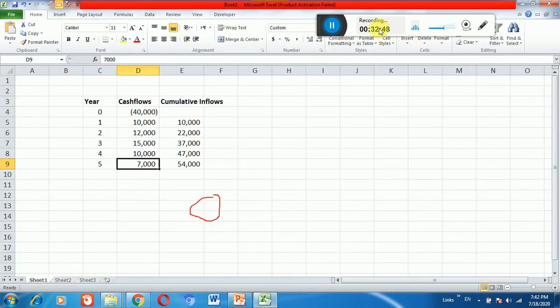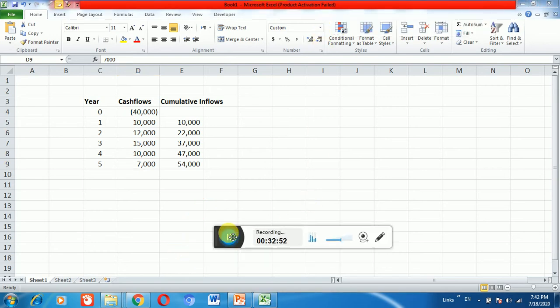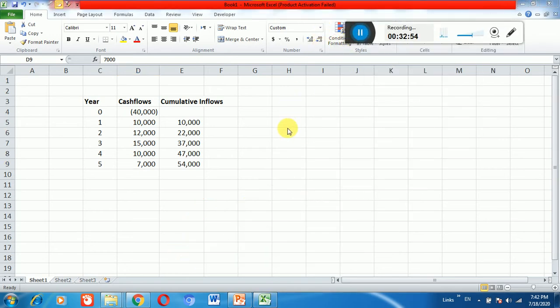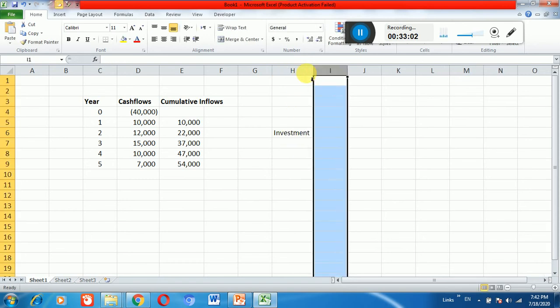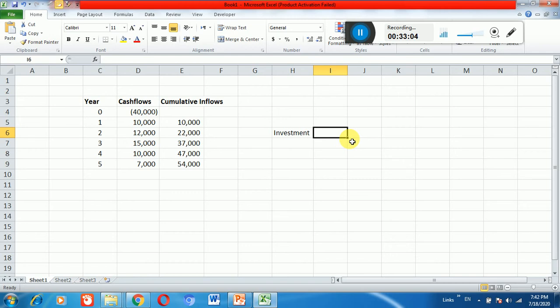So look, dear students, I'm just giving an example. If you want to make an investment, how much investment do you make? $10,000. And how much interest are you getting after 1 year?